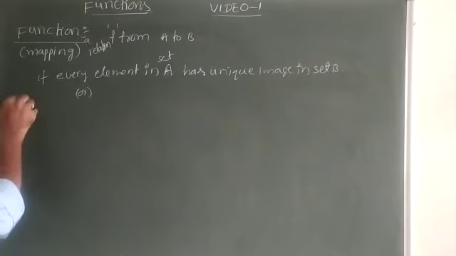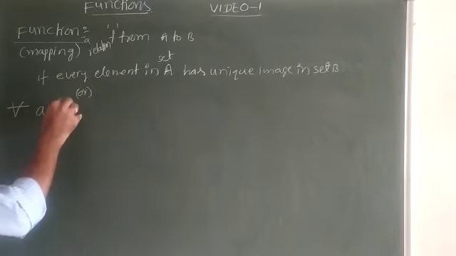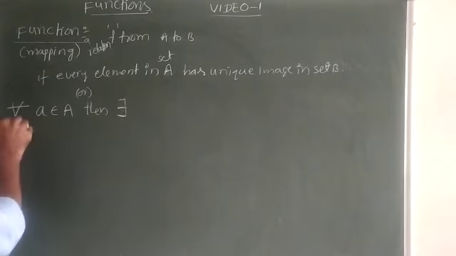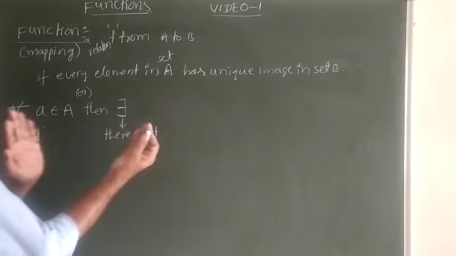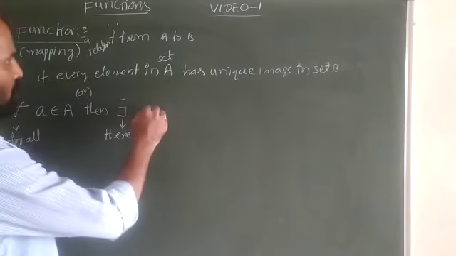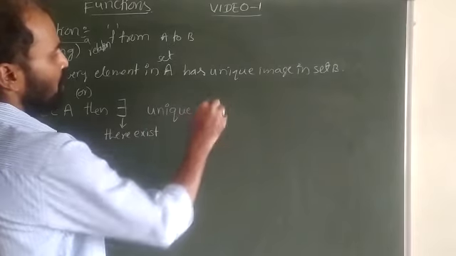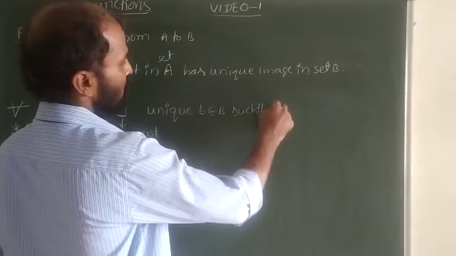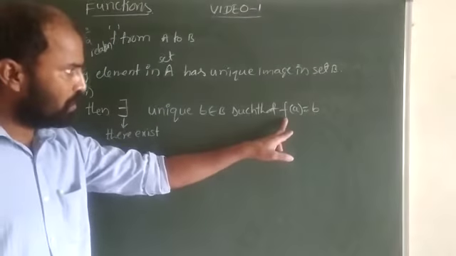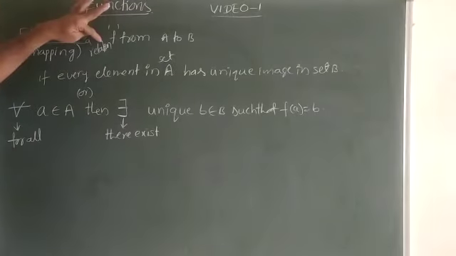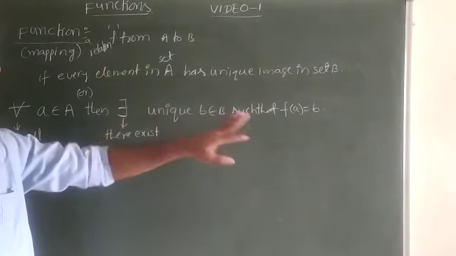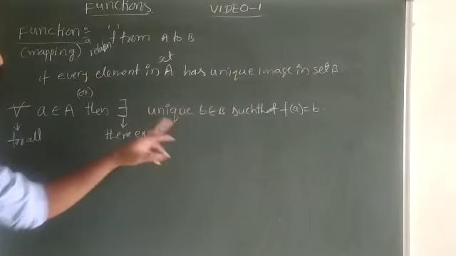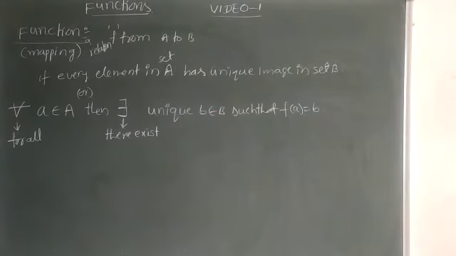Or in other words, for every a belongs to A, there exists a unique b belongs to B. This is the symbol for 'for all', and this is the symbol for 'there exists', in reverse. For every a belongs to A, there exists a unique b belongs to B such that f of a equal to b, then f is said to be a function from A to B. వాటి మధ్య ఎలా రిలేషన్ ఉండాలంటే such that f of a equal to b. ఇది set A ఎలిమెంట్ ఉంటుంది.